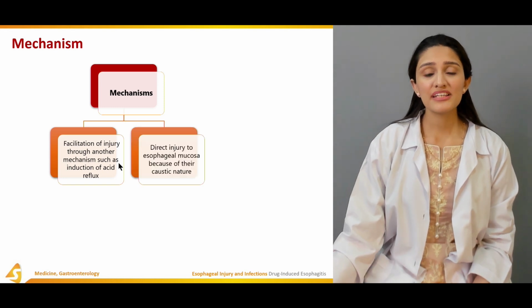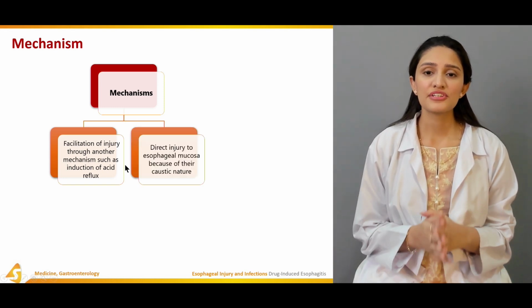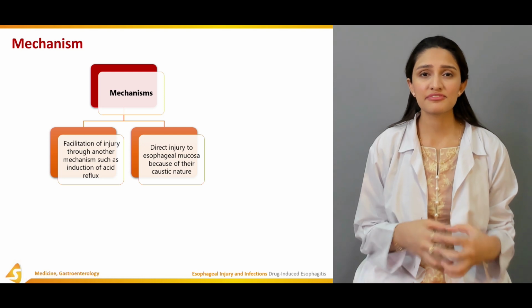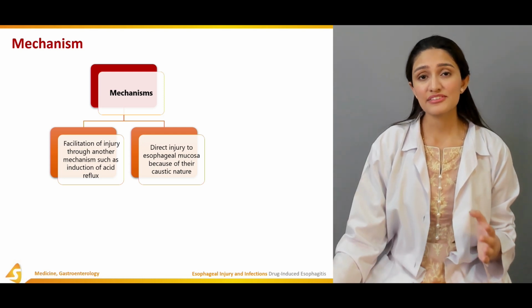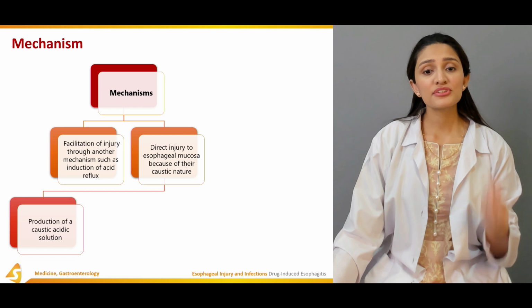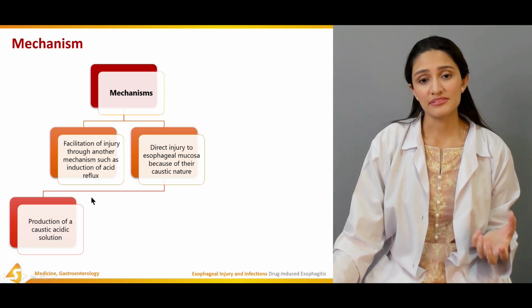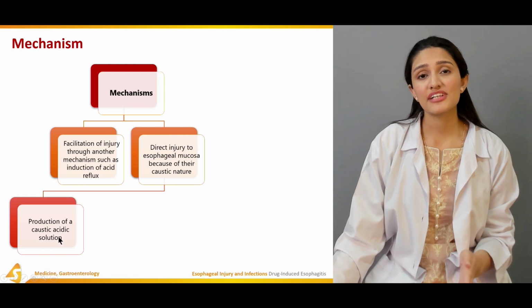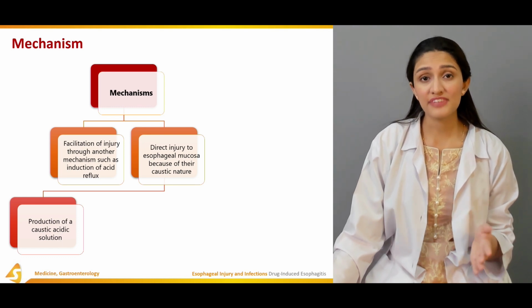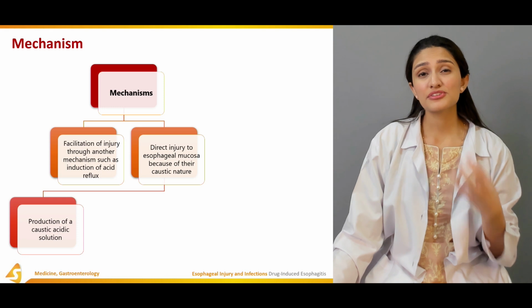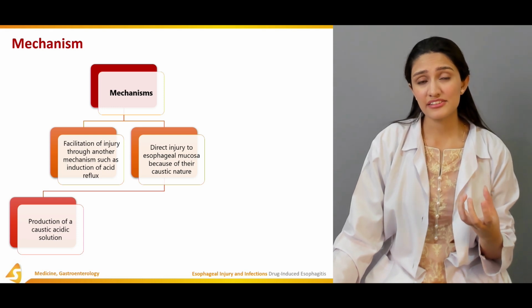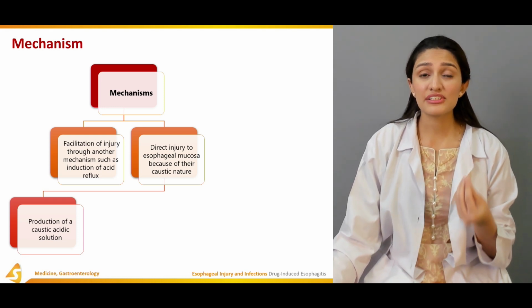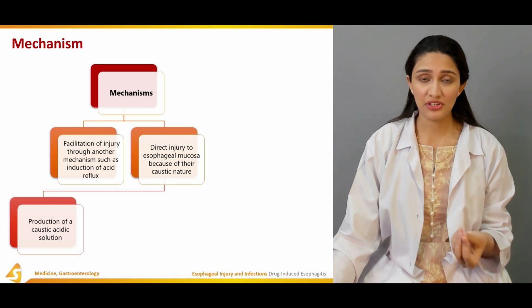The second type of mechanism is direct injury to the esophageal mucosa by different types of medications. First, we'd be studying the production of a caustic acidic solution. Examples are ascorbic acid and ferrous sulfate. They cause a caustic acidic solution which injures the mucosa of the esophagus.